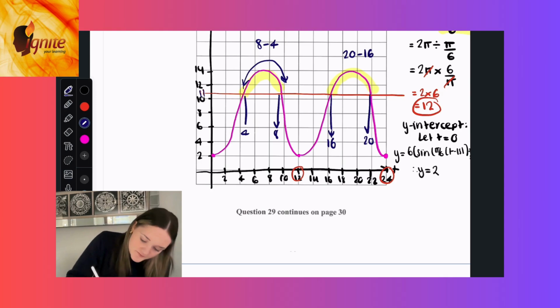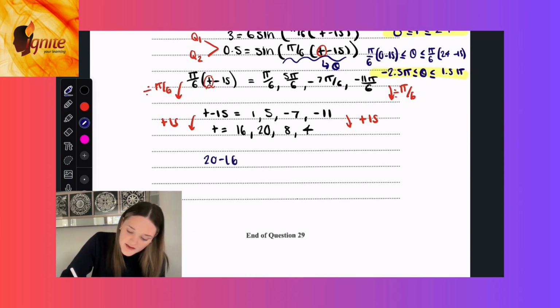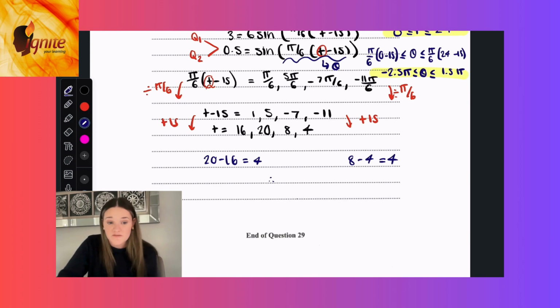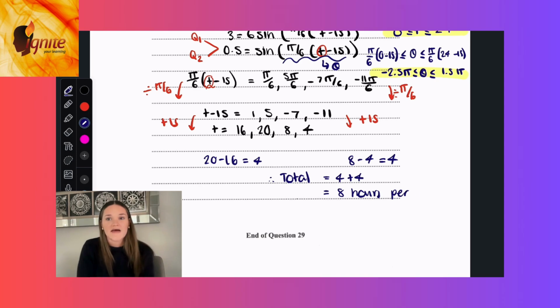So 20 minus 16 is equal to 4, and 8 minus 4 is also equal to 4. So the total amount of time per day, because there are 24 hours in a day, is 4 plus 4, which is 8 hours out of range per day. And that's how we figure out question 29 from the CSSA 2024 trial paper.